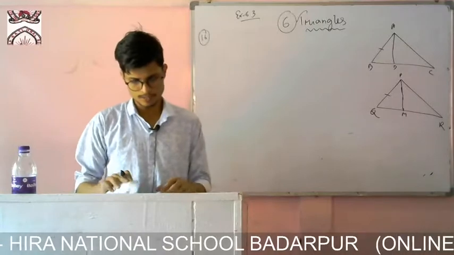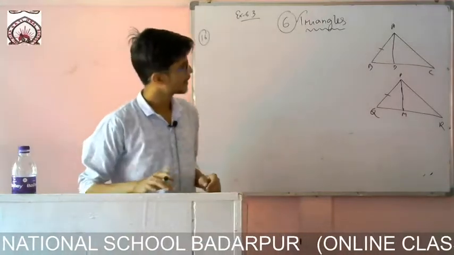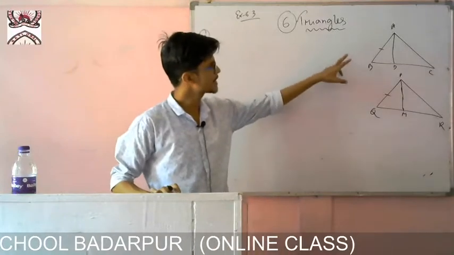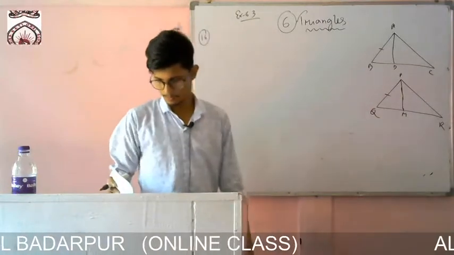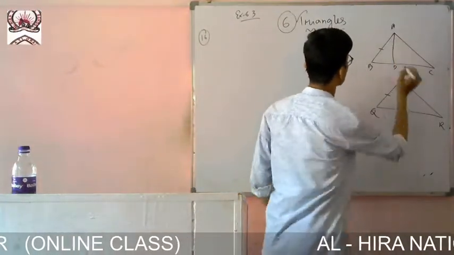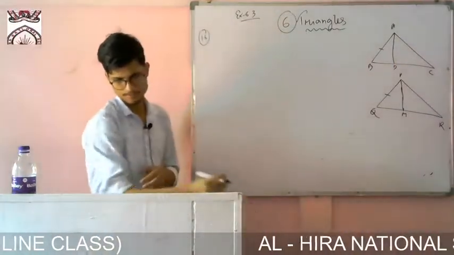So if these two are similar, then I can write that AB by PQ will be equal to BC by QR. Let me solve it, I will make you understand.